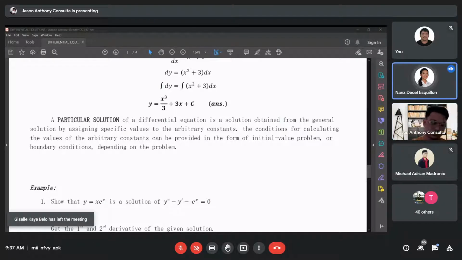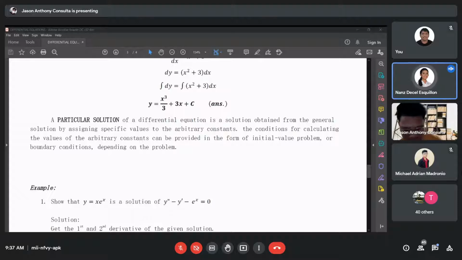Hello po, sir. Good morning po. Hello. So, yung ginawa ko po, sir, based po sa solution, ginawa ko po muna yung first derivative po, which is y prime is equal to x times e raised to x plus e raised to x. Since po yung ex po is parang constant po ata siya na equal to 1. Parang yun po.